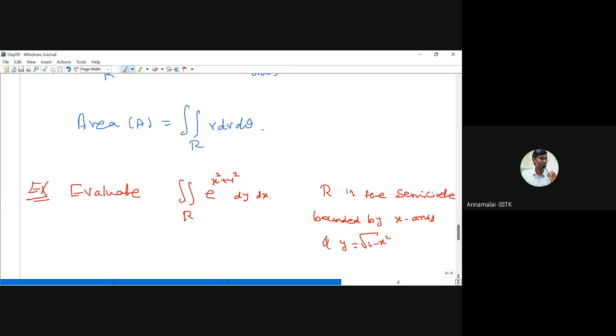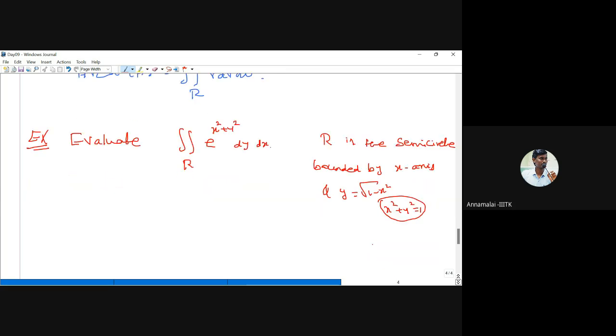Actually, if we square both sides, we get x square plus y square equal to 1. So this is the same as y equal to square root of 1 minus x square. So this is the region.